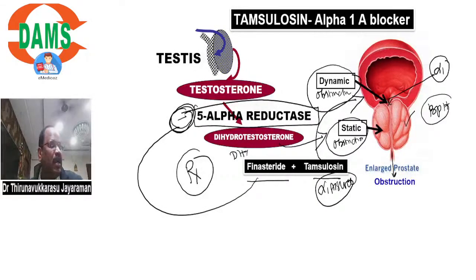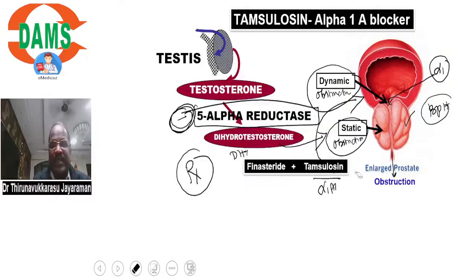Good. Tamsulosin relieves the dynamic component of BPH. Very good answer. So, question: tamsulosin, an alpha 1A blocker, gives rapid symptom benefit, that means overcoming dynamic obstruction. Of the two drugs, finasteride and tamsulosin, which one gives rapid symptom relief?